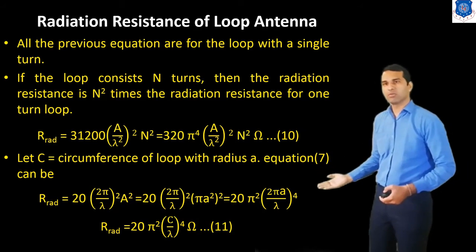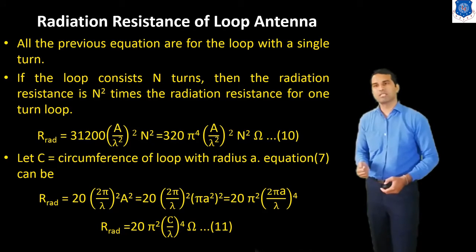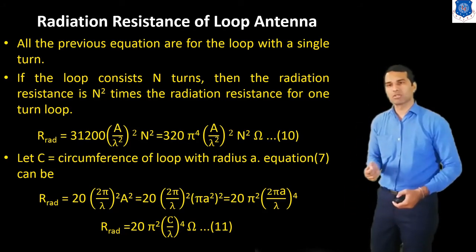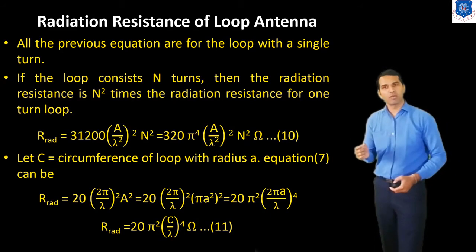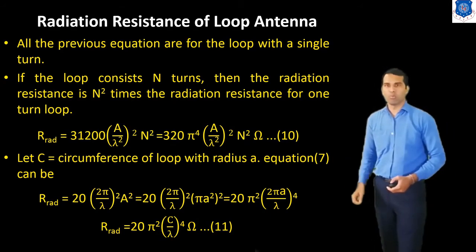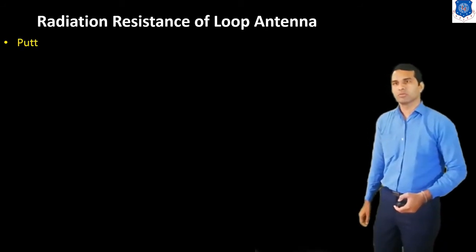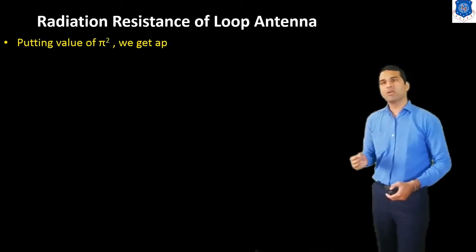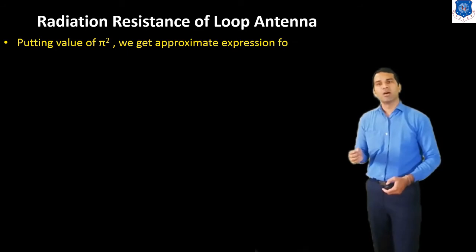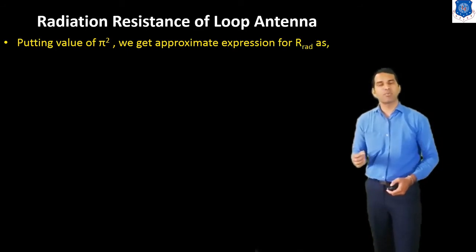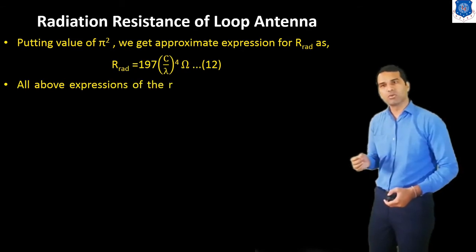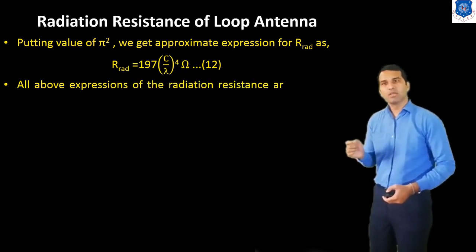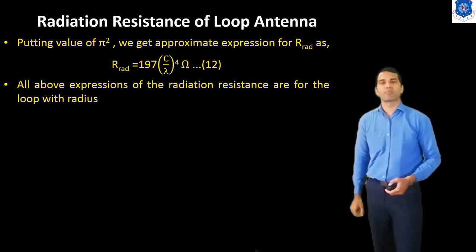So we know that 2πa is nothing but the C. So we can write this equation as the radiation resistance R is equal to 20π² (C/λ)⁴, and the unit is the ohm. Now putting the value of π², we can approximate the expression for the radiation resistance as R radiate is equal to 197 (C/λ)⁴.